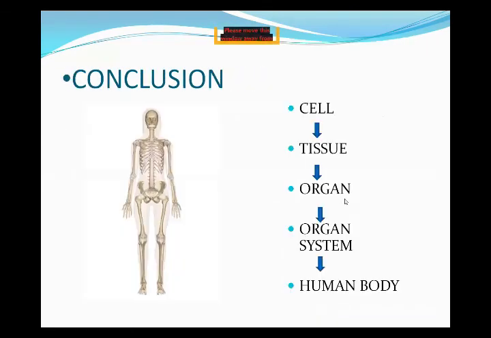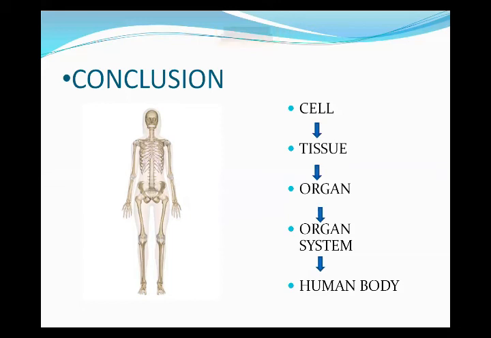Now the conclusion. In this conclusion, we have discussed the different terms we have learned in this lesson, just like a cell. A cell is the simplest building unit of any living thing.